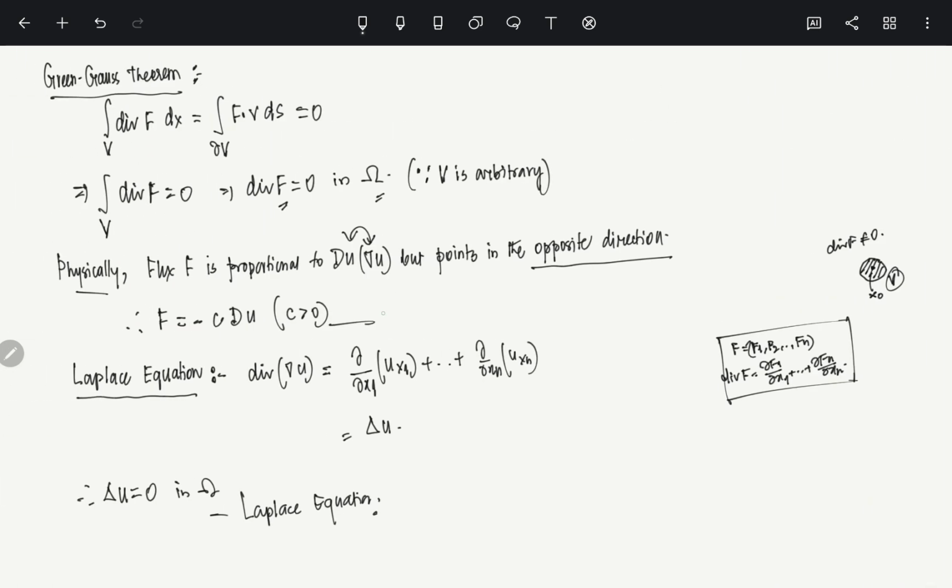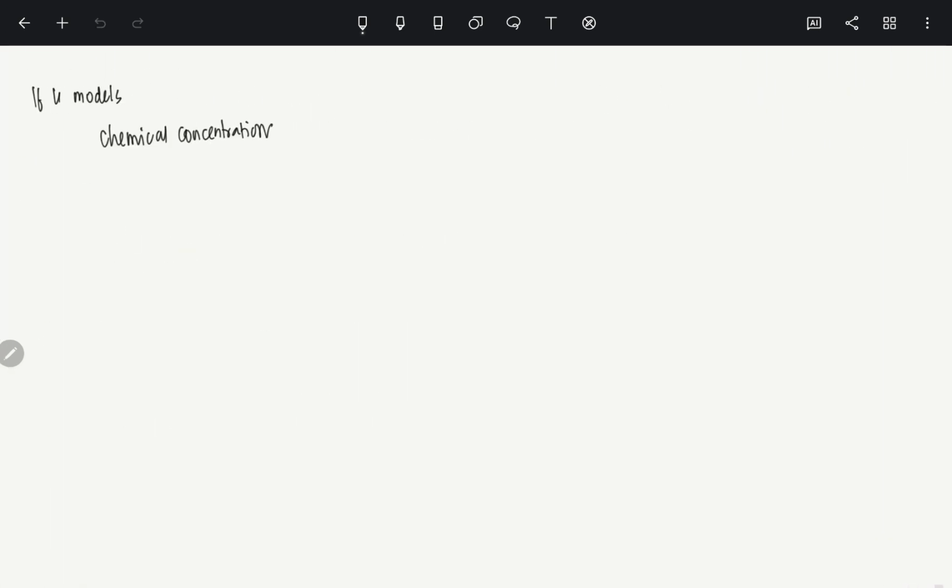If u models chemical concentration, as we have already seen, then this equation, star, is called Fick's law of diffusion.